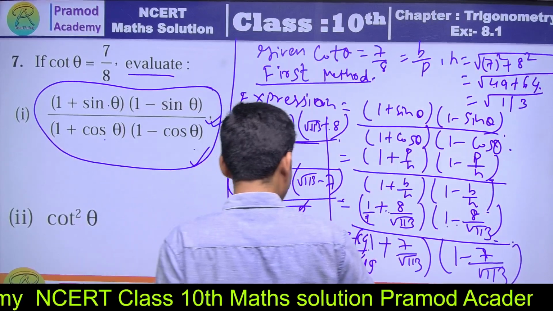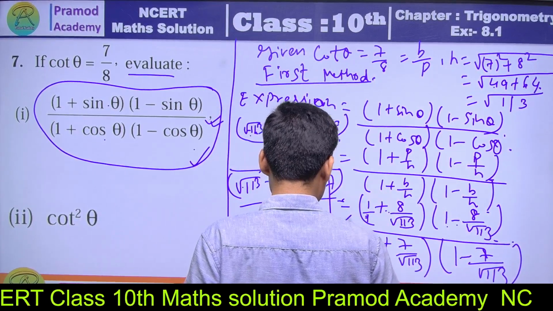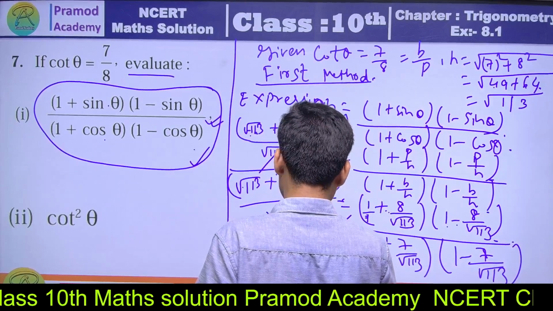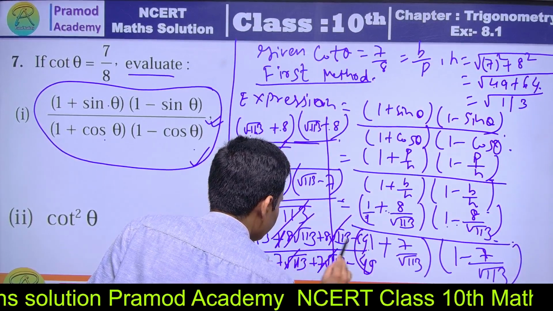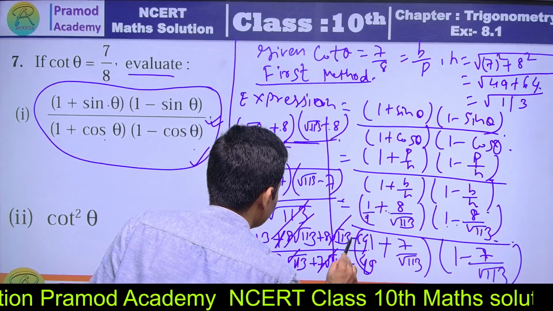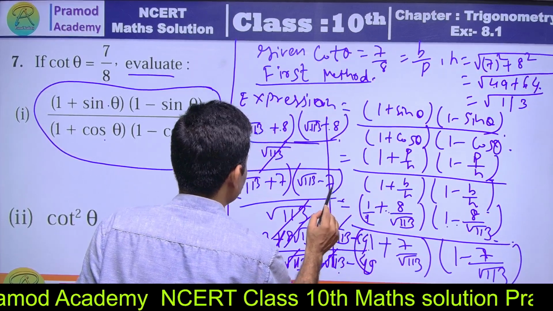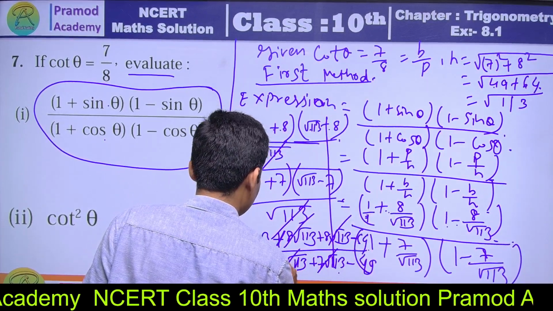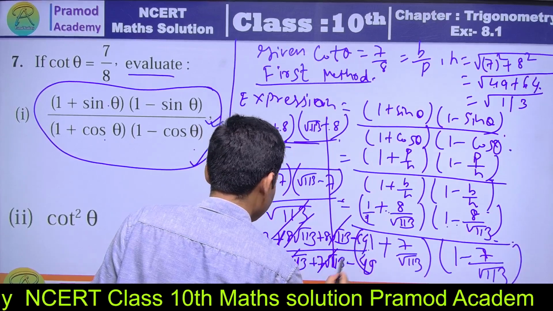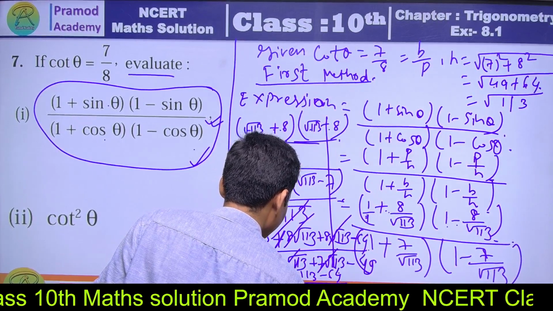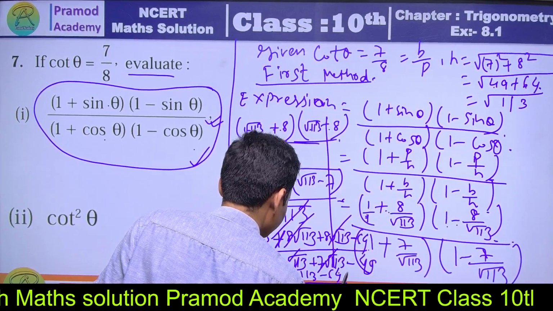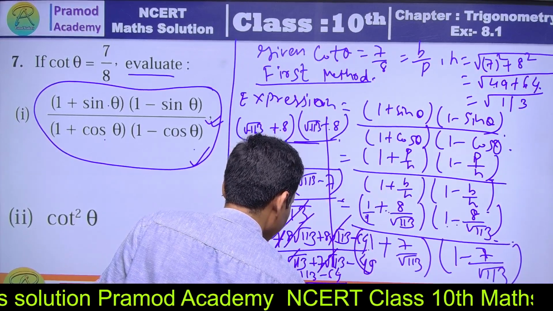So this gone, this gone. 113, so 113 plus minus 64. Minus 64. So 113 minus 64, 113 minus 49, minus 49.